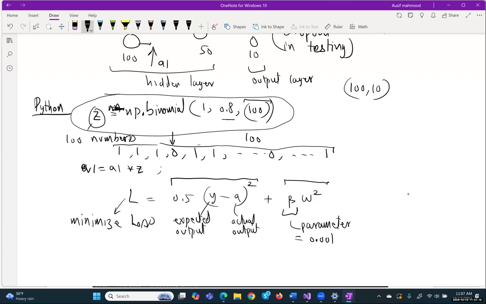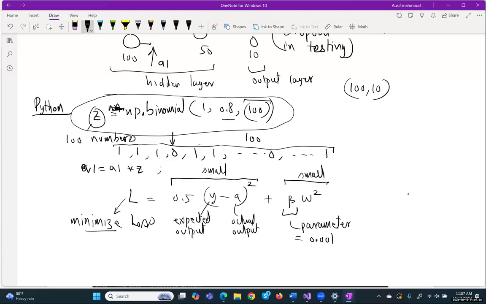Also, this term has to be small. So that's our training goal. And for the loss to be minimum, this term also has to be small, right? And as you can see, beta is a constant. So the only way this could be small is if the value of the weights is small.